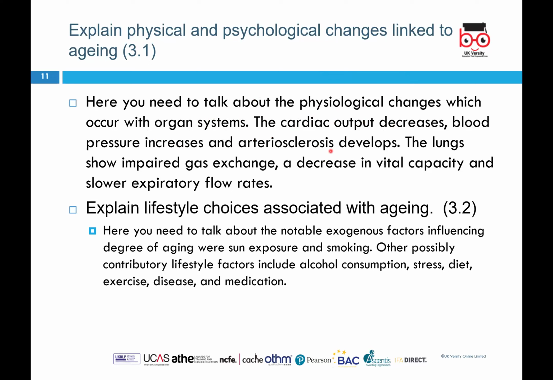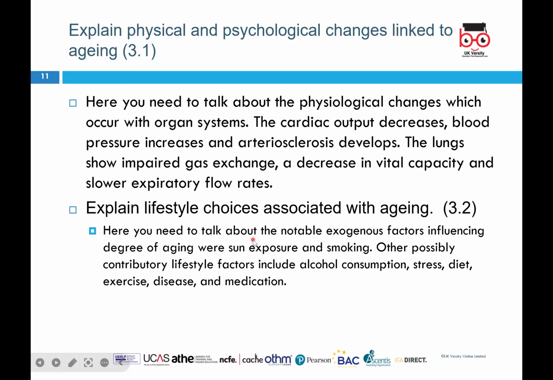The lungs show impaired gas exchange, a decrease in vital capacity, slower expiratory flow rates. These are just explanations. You can see these in the previous slides that we've shared with you, or you can have a look at the different websites that we've shared with you to access and then reference them.